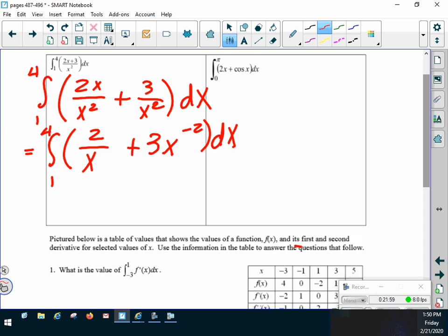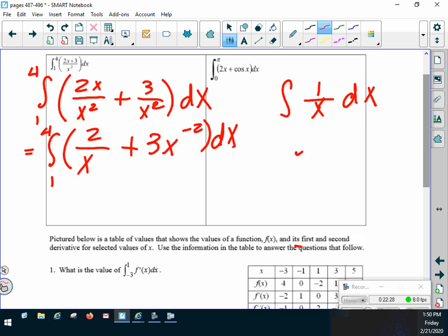Why? Because if I write it like this and do the antiderivative, that's going to be x to the 0 over 0. Remember? When you have that, look, what is the integral of 1 over x dx?